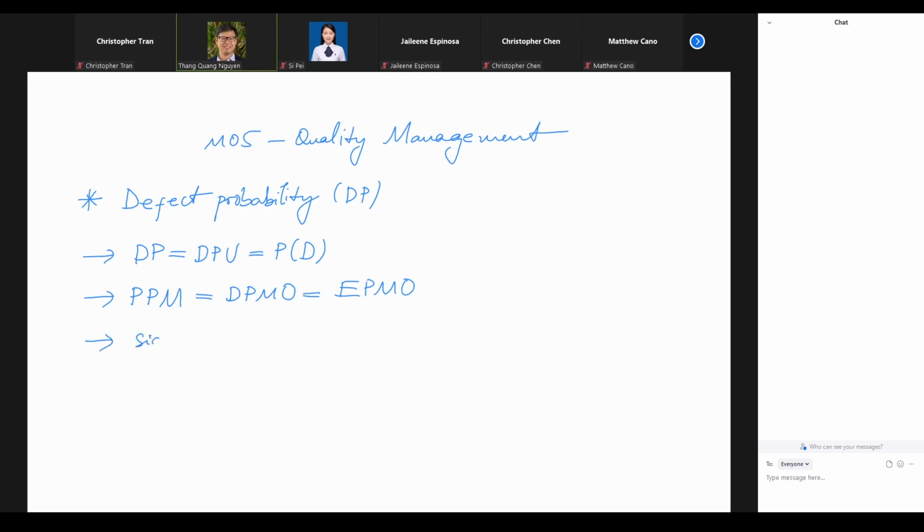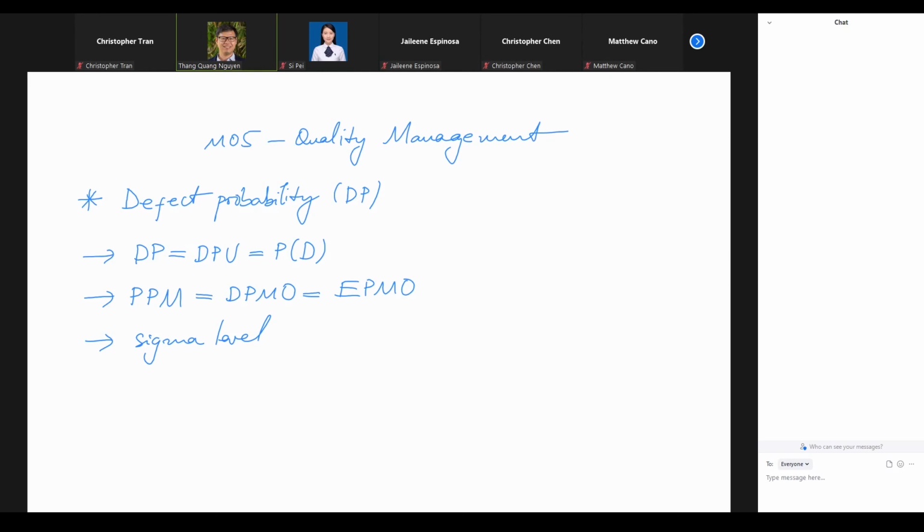Okay, and there's another concept that we normally use. It is called the sigma level. If you recall in the book, if you read about the process capability indexes, they calculate the capability indexes, and if that capability index is 1 or 2, it means that we can squeeze so many standard deviations inside the design specification.